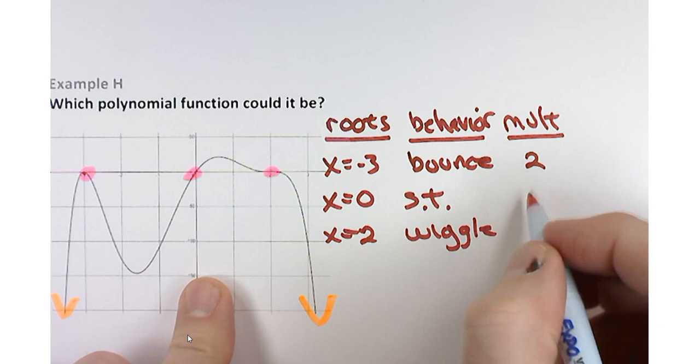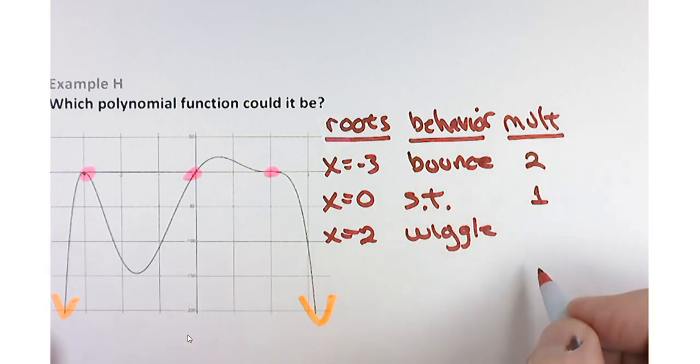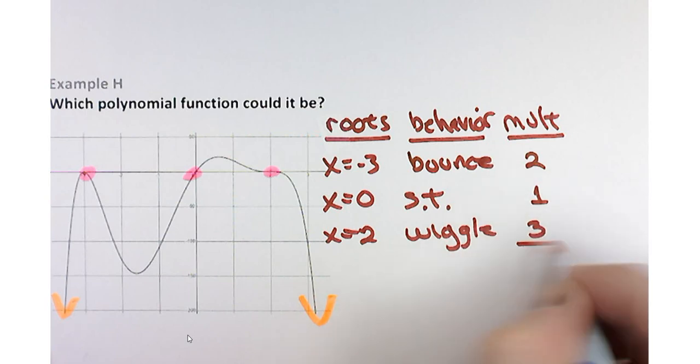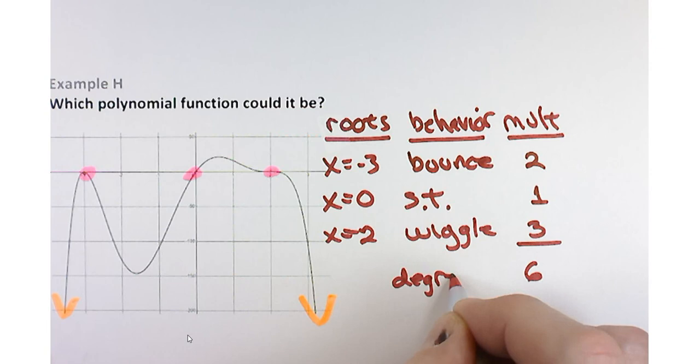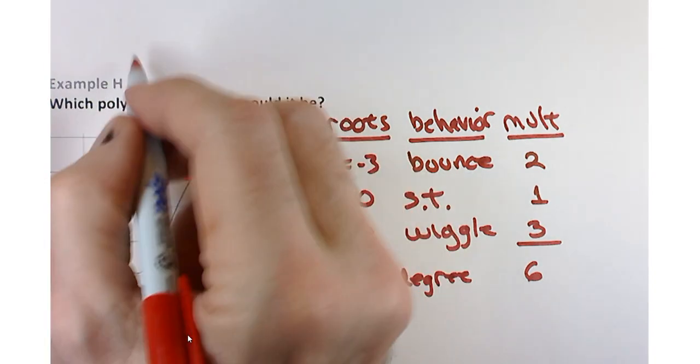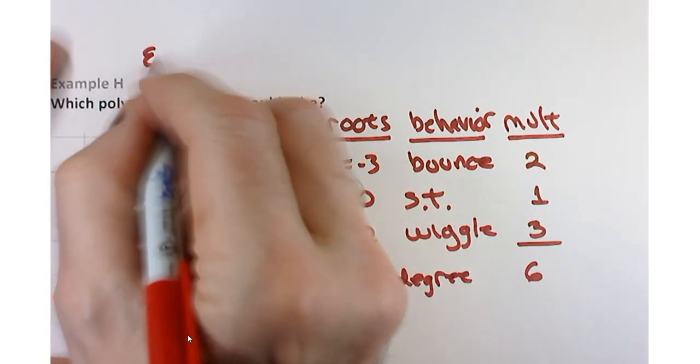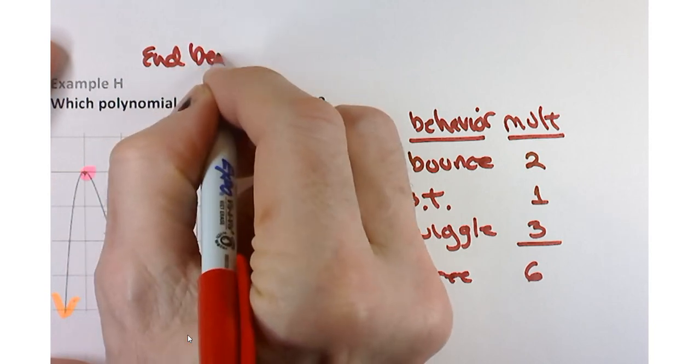Straight through, there's only one choice, right? A 1. How about a wiggle? 3. So overall, we got a degree of 6. Well, that's promising because we knew we had an end behavior of D.